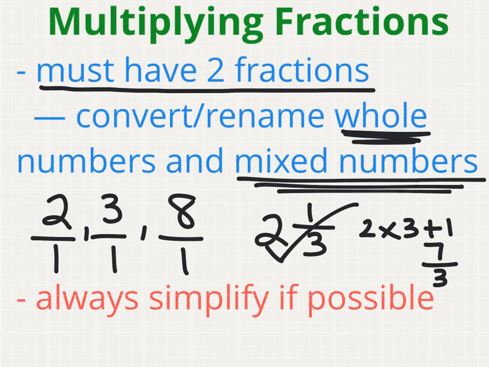When you get your product, every time, if it's an improper fraction, make sure you rename it back to a mixed number. If it's a proper fraction with a smaller numerator than denominator, always make sure you simplify if it's possible.